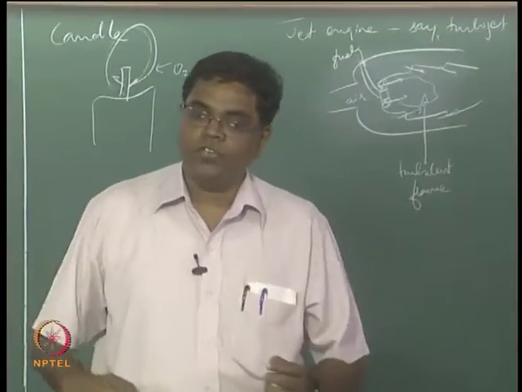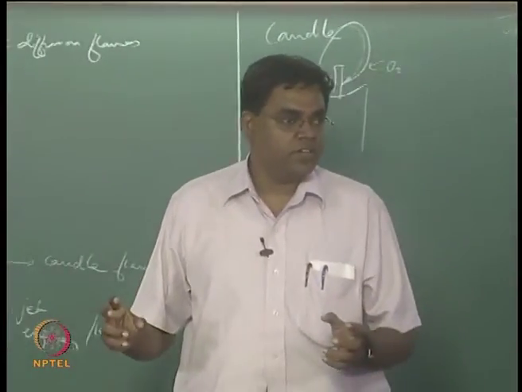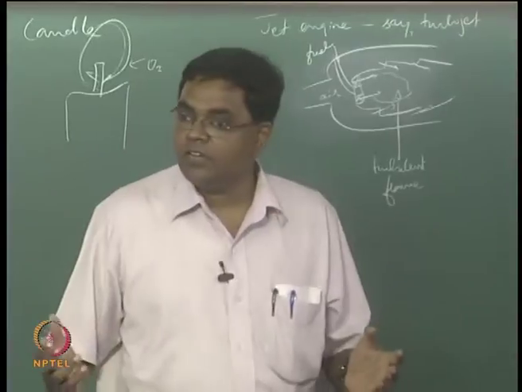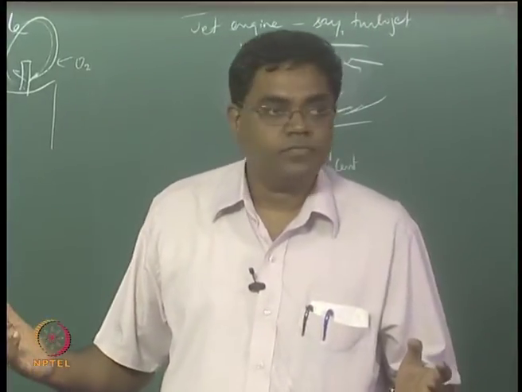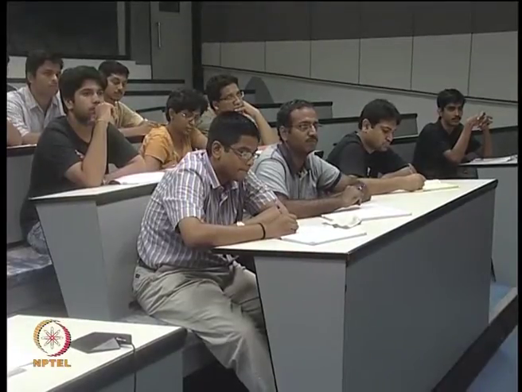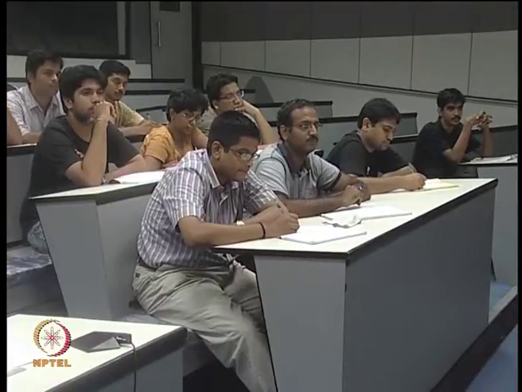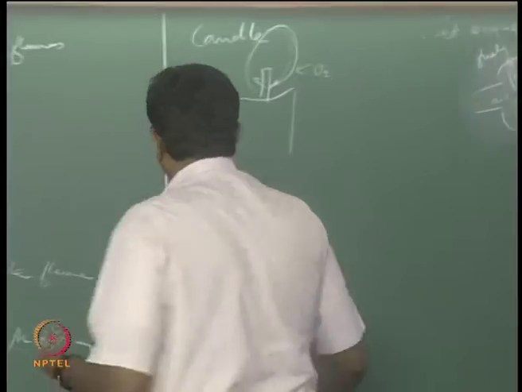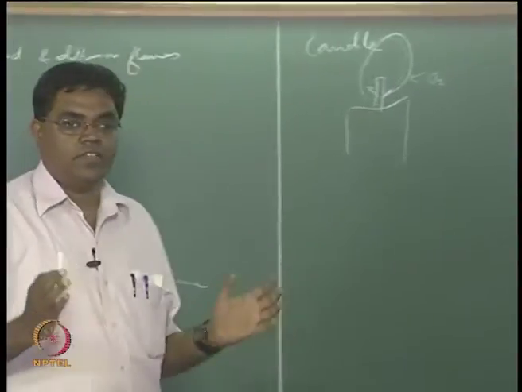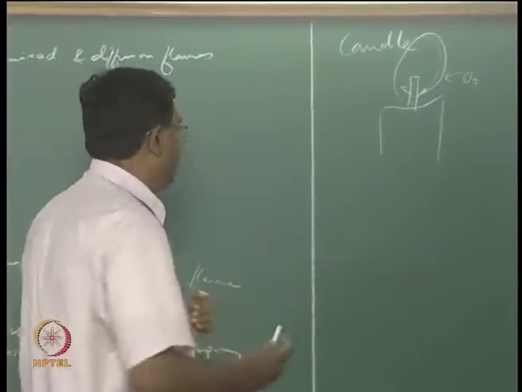So one of the things that we are talking about is flow, the other thing is mixing, and the third one is reaction. They ignite and then there's a chemical reaction that goes on. So effectively we are talking about three major things that we should be keeping in our minds when we are looking at combustion.